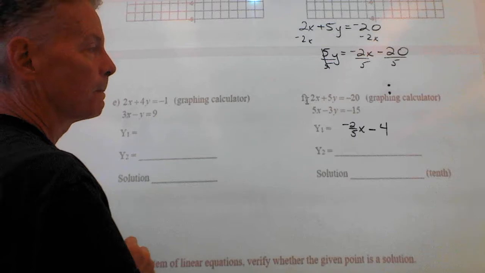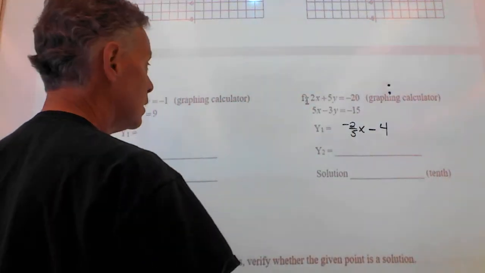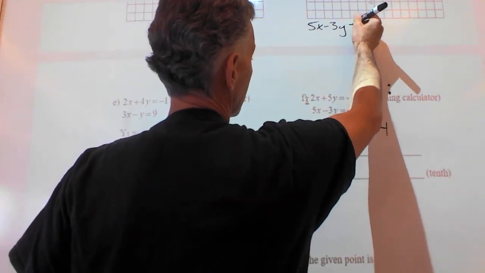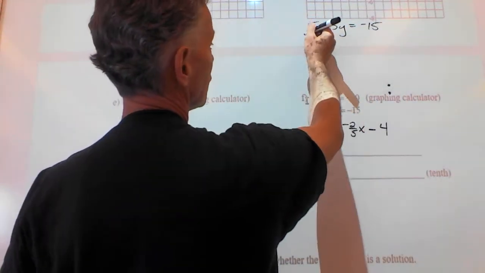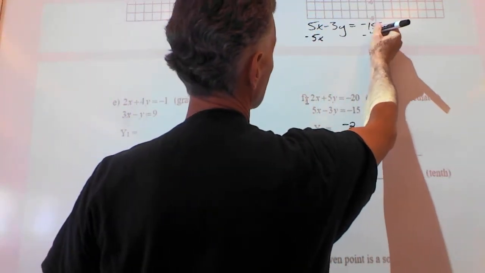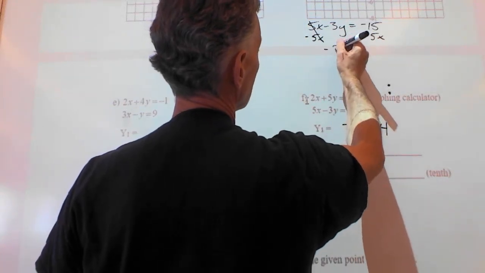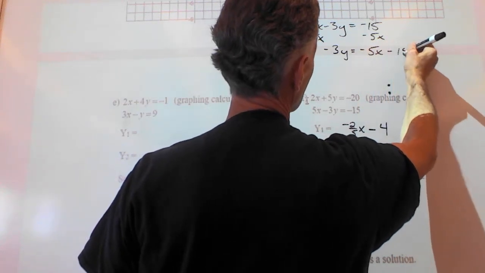Okay? For our second equation, which is 5x minus 3y equals negative 15, we subtract 5x from both sides. That gives us a negative 3y equals a negative 5x minus 15.